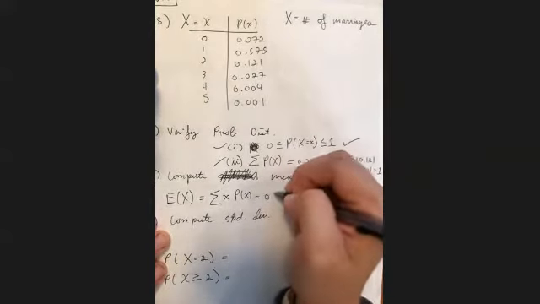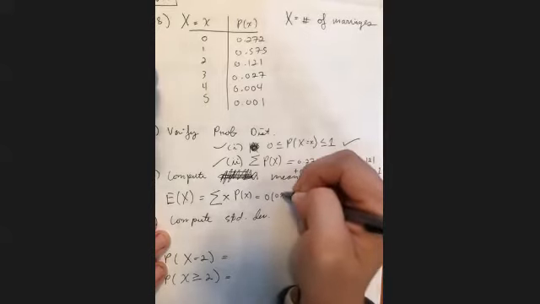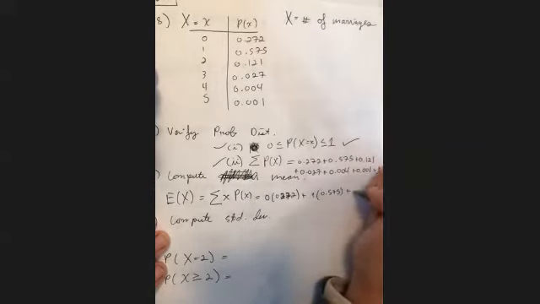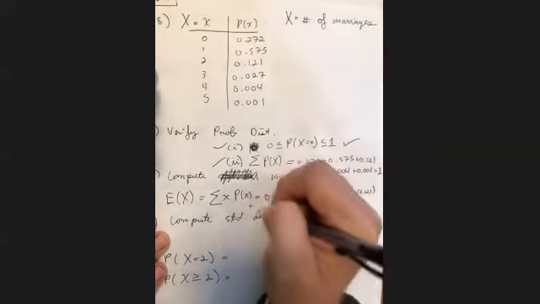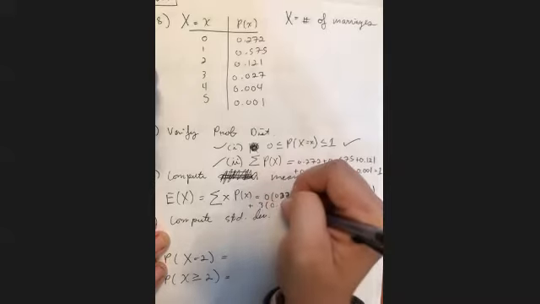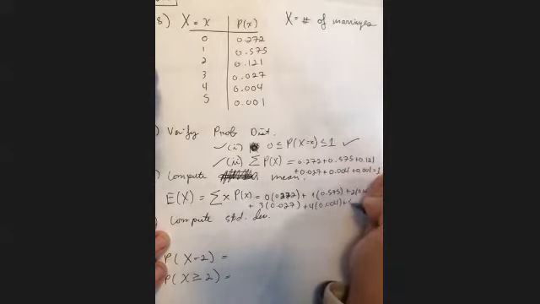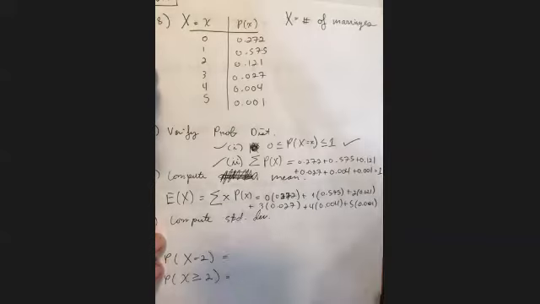So that's 0 times 0.272 plus 1 times 0.575 plus 2 times 0.121 plus 3 times 0.027 plus 4 times 0.004 plus 5 times 0.001. So that's how we compute our expectation, which is the same as computing the mean.